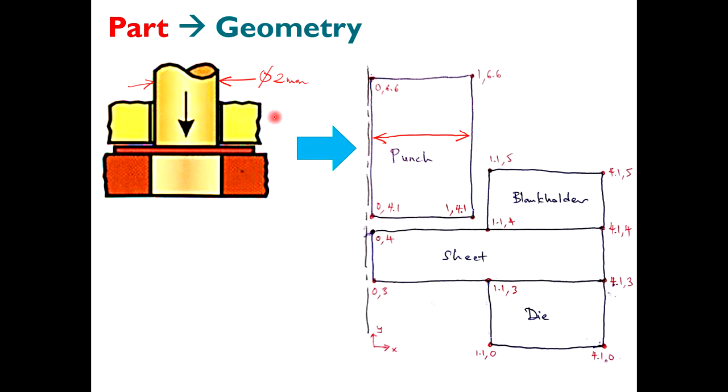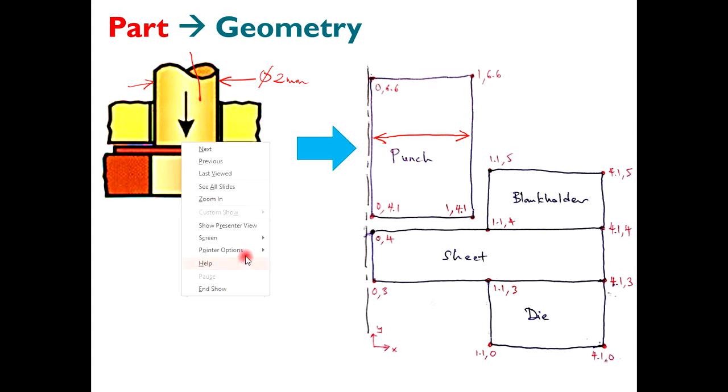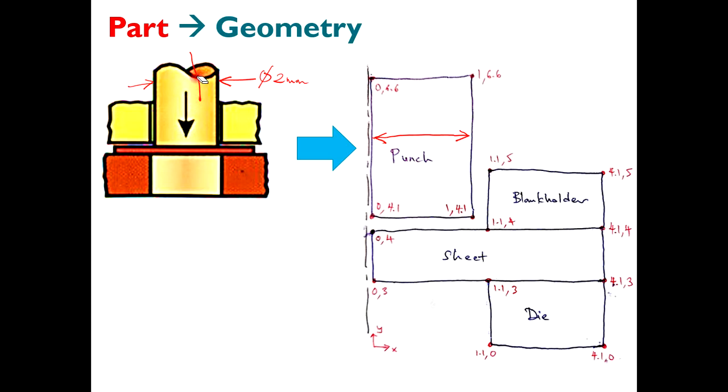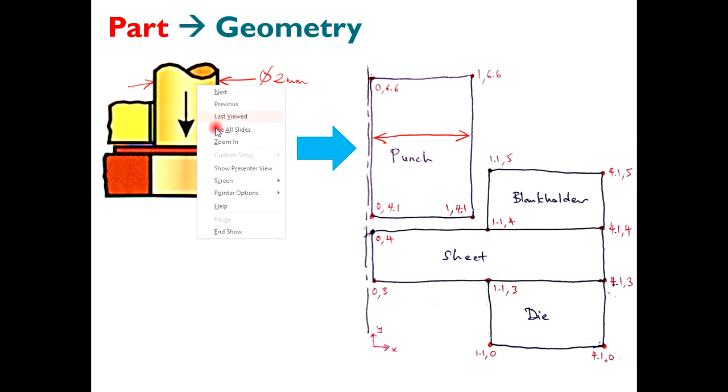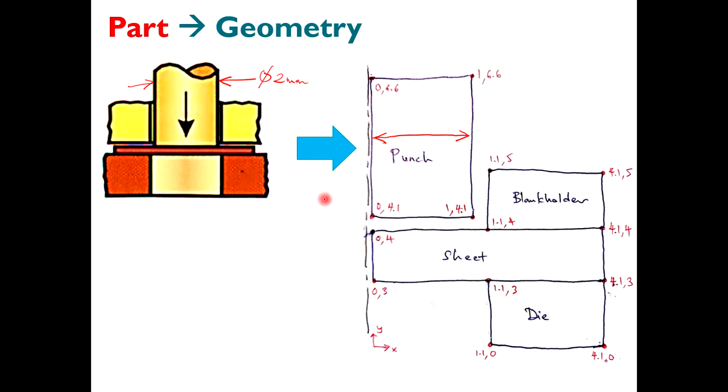Since we're going to do a symmetrical half, we want to limit our analysis to focus on this part, where we want to see the effect of the clearance, about 10% of the total punch.